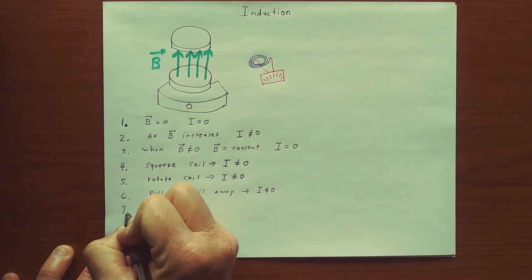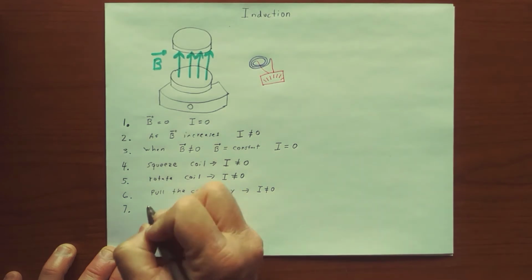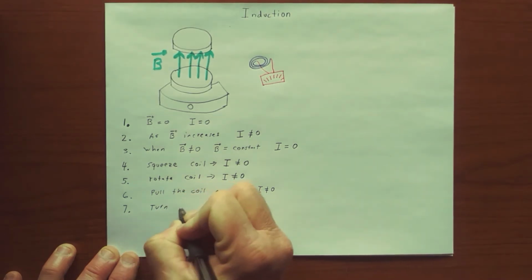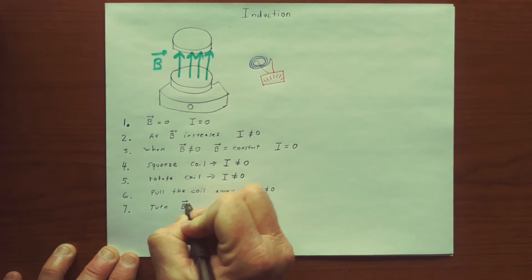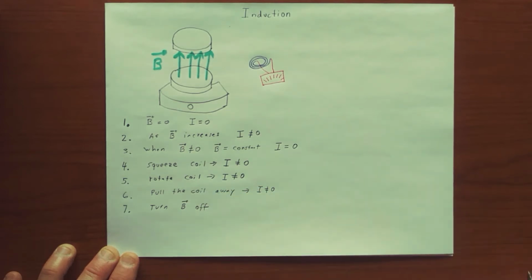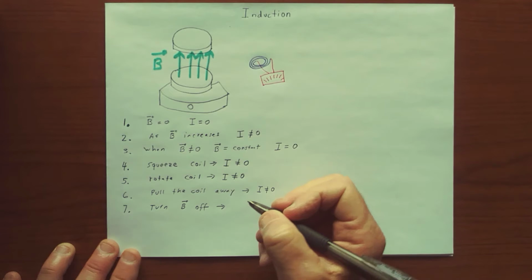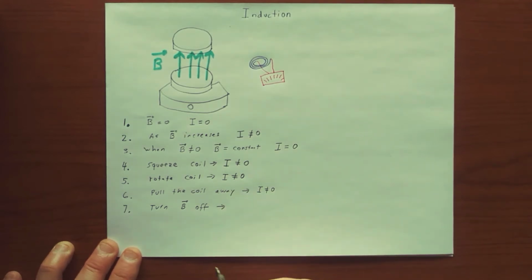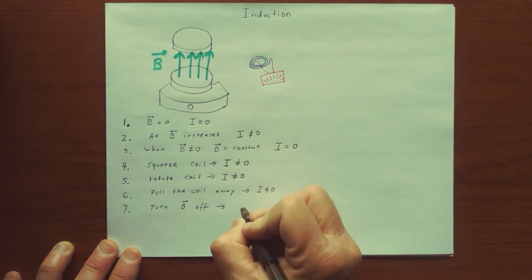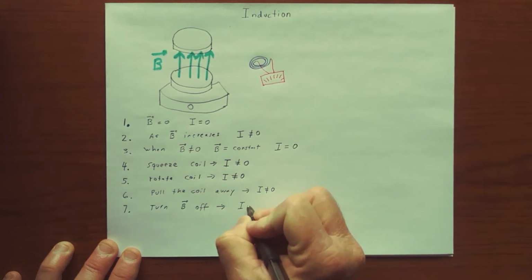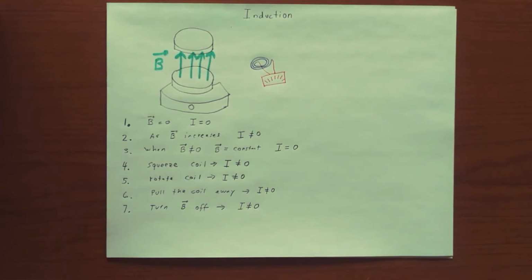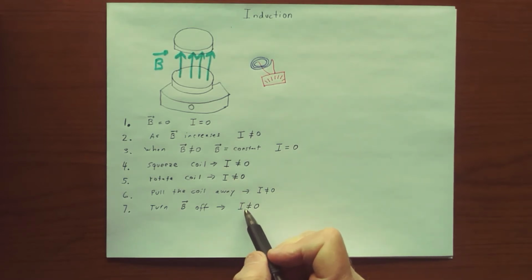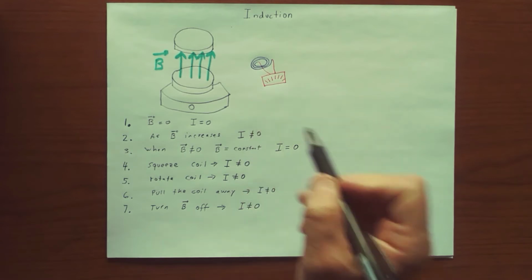Now let's put the coil into the constant magnetic field again, and let's turn the B field off. So the magnetic field decreases from its constant value. So this is similar to number 2, but the opposite is happening. The magnetic field is decreasing. Again, we find that a current registers on the red device. In fact, it's opposite to the direction that it had in number 2.